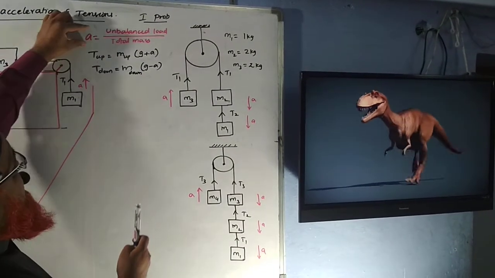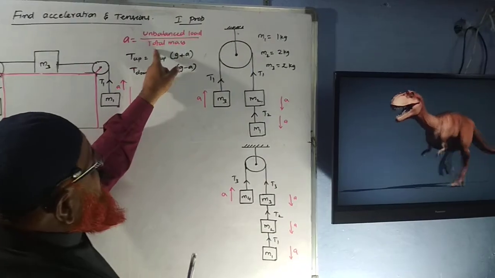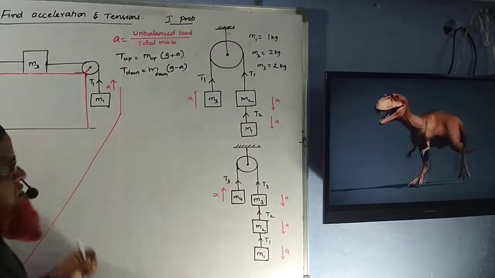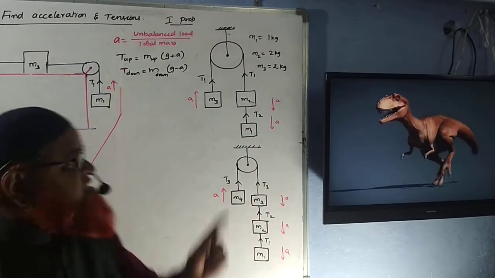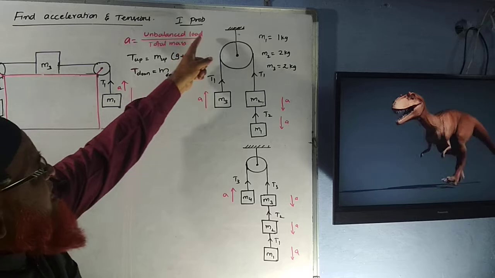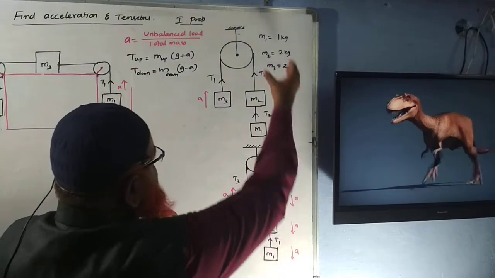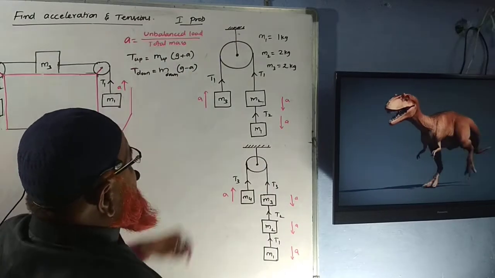What is that? A is equal to unbalanced load by total mass. Acceleration of the system, if you want to find out, it is very easy. You have to find out unbalanced load by total mass. And now let us consider, in this case these two are coming down, this is moving up.